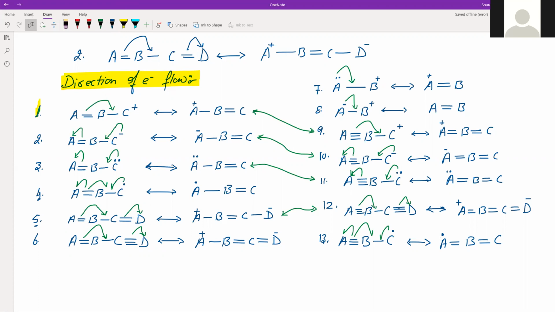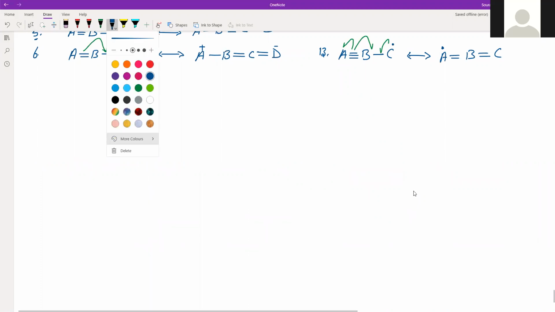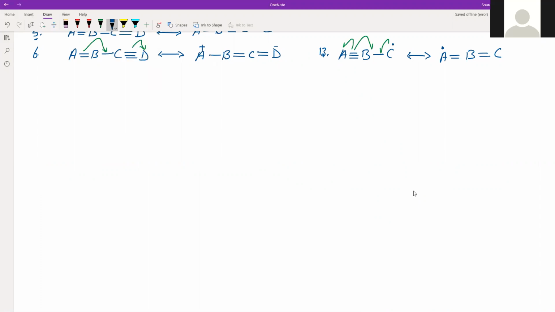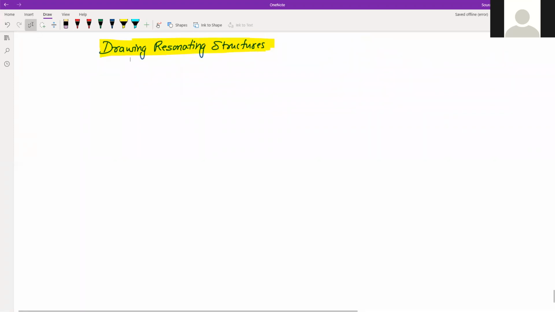Right? Now let's move on to drawing resonating structures, and there are a few points which we have to take care of in order to draw them.